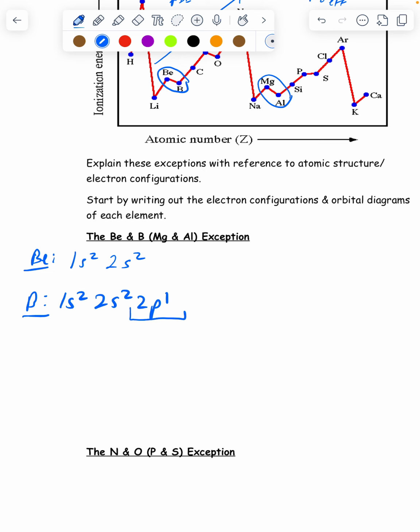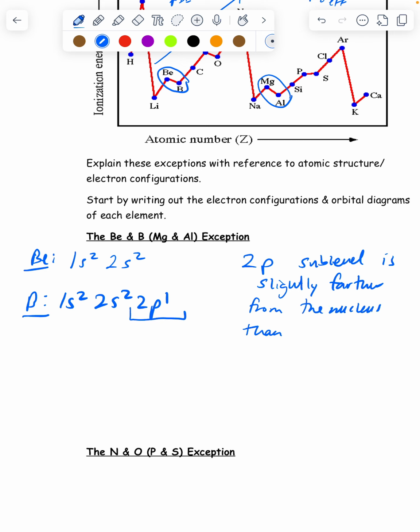So let me try to turn that into an explanation for why it takes less energy to remove an electron from boron. Well, the 2p sublevel is slightly farther from the nucleus than the 2s sublevel, or the 2s orbital. That's something you could say.